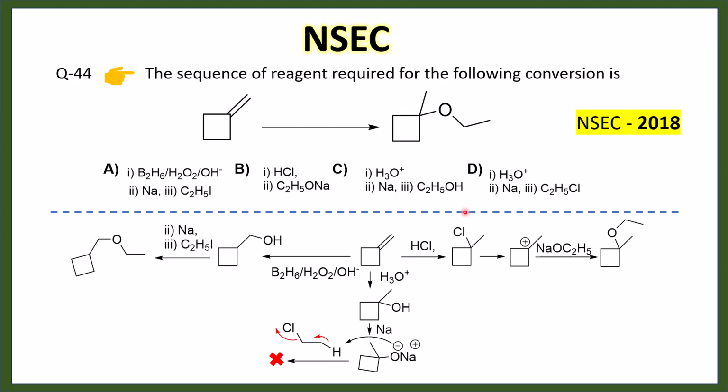Now option 3: initially hydration gives this tertiary alcohol, reaction with sodium gives this alkoxide, which is a base, not a nucleophile. So in this condition it does not undergo addition, and it does not undergo coupling reactions with alcohol. So the only correct option is B.